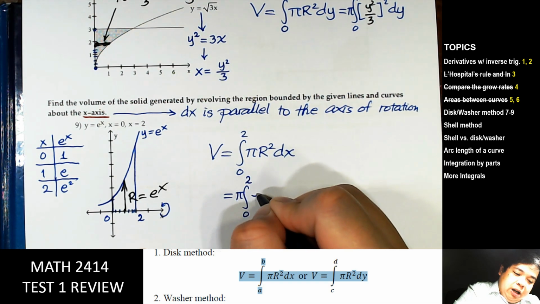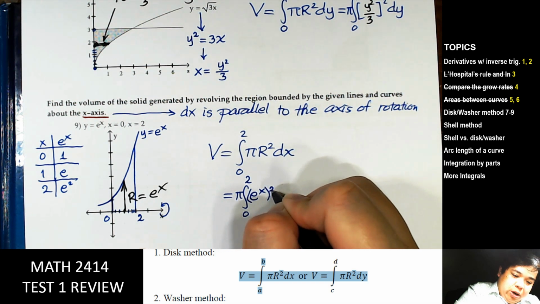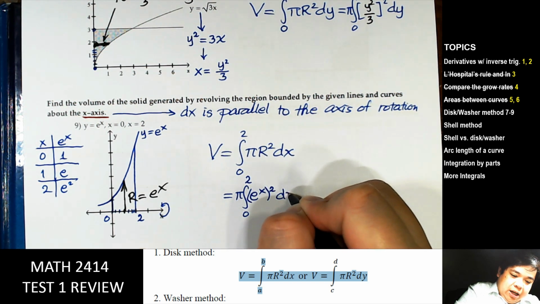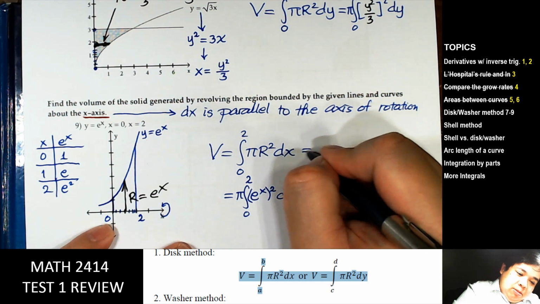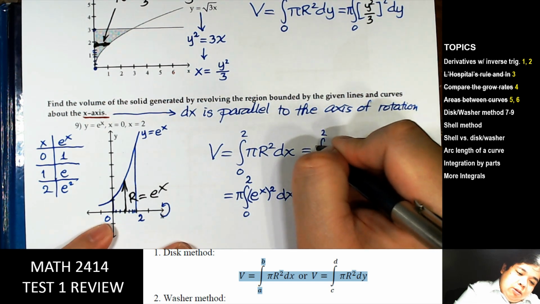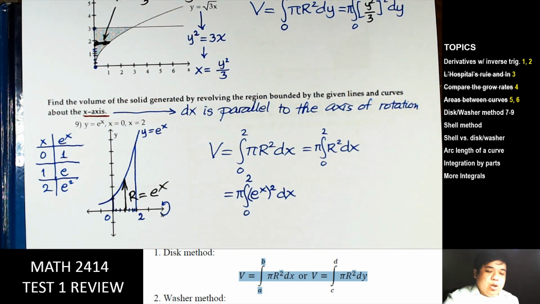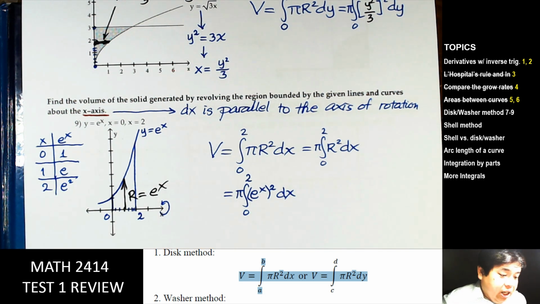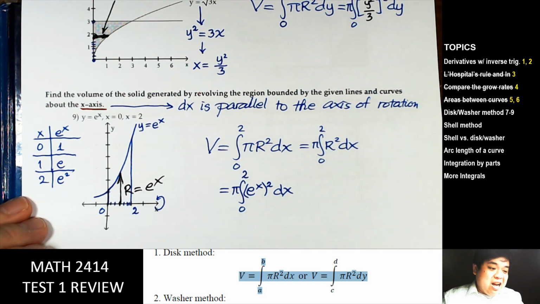Pull out the pi, and then e to the x squared dx. I just said 0 to 2 pi r squared dx. So we turn to this. Right. Again, just let the calculator do the work and get the answer. In this one, it's going to be a decimal number. It's not going to be anything nice and even.